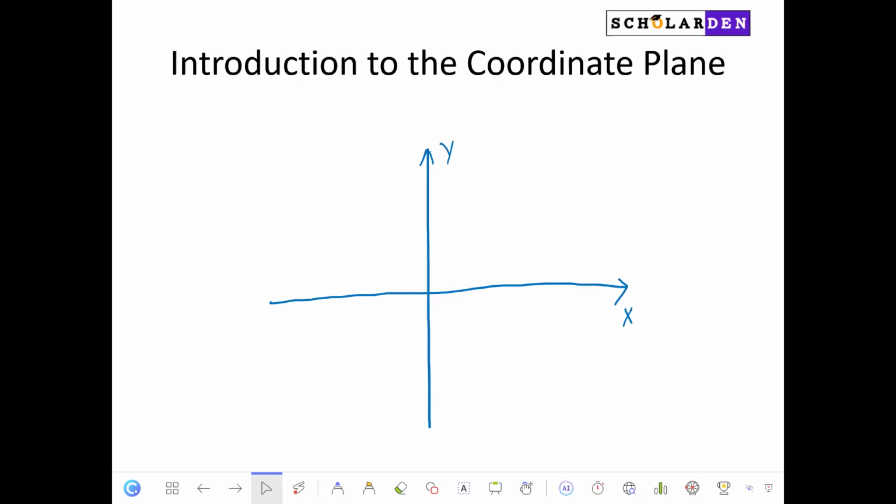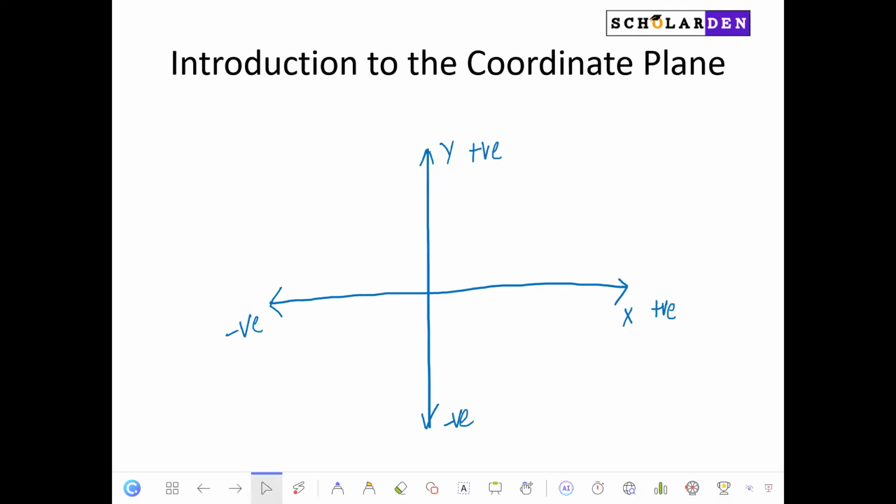The right side contains the positive values for the x-axis, and the upward side represents the positive values for the y-axis. Similarly, going towards the left along the x-axis, these are all negative values, and going down on the y-axis, these are all the negative values for the y-axis.